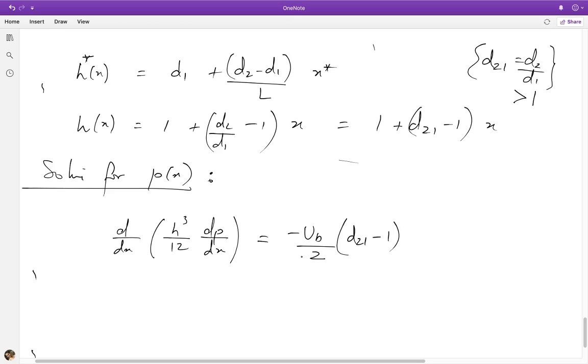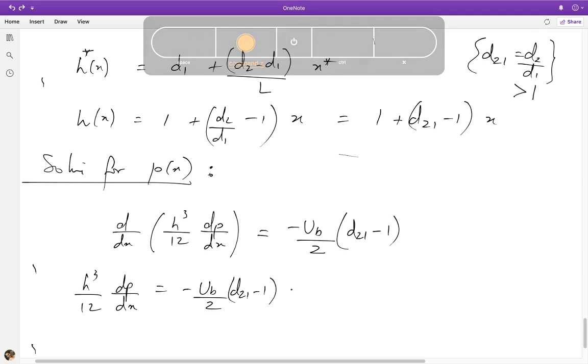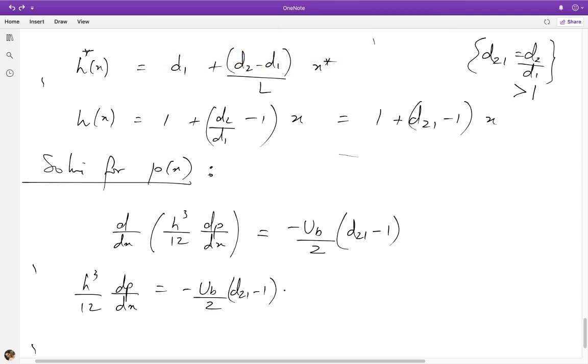So this is the equation we now need to solve for pressure. If I do one integration in x, I get h cube by 12 times dp dx equal to a term times x plus a constant c1.